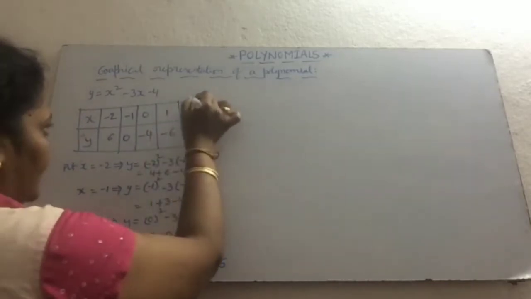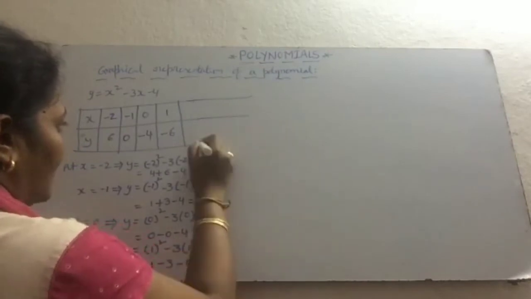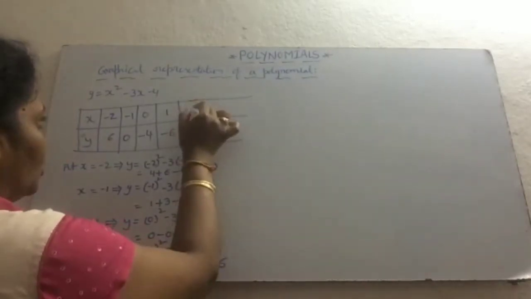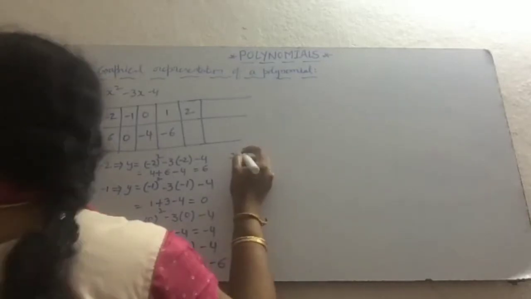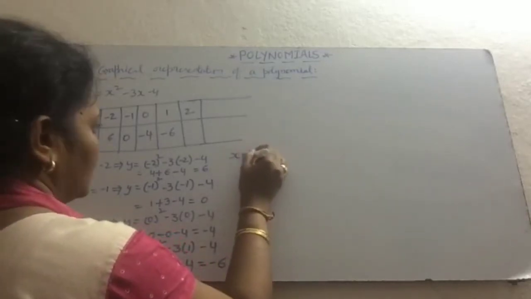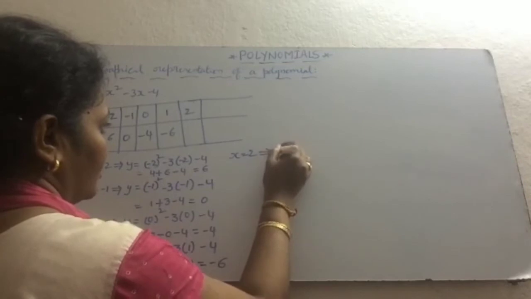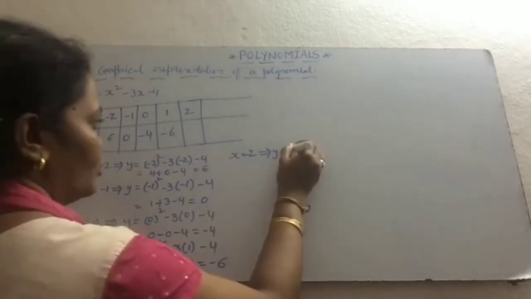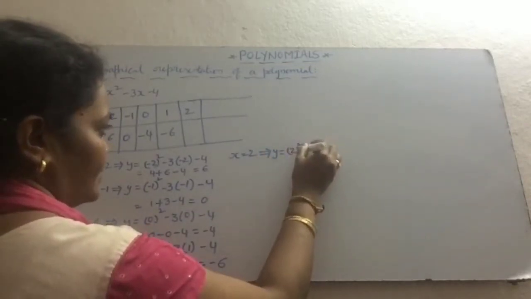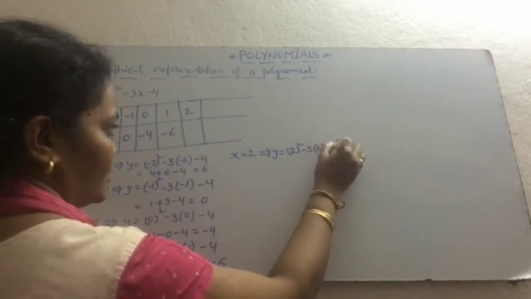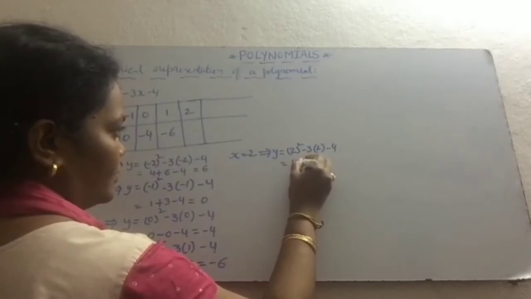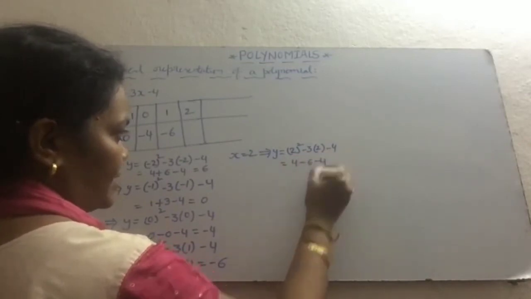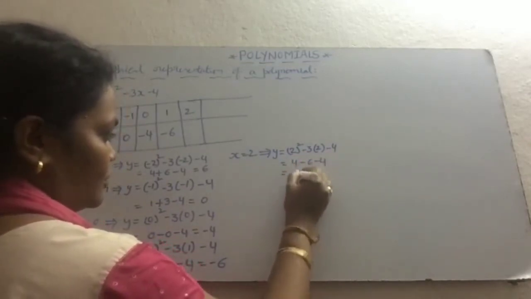And if the value of x equal to 2, then the value of y equal to 2 whole square minus 3 into 2 minus 4. That means 4 minus 6 minus 4 that equal to minus 6.